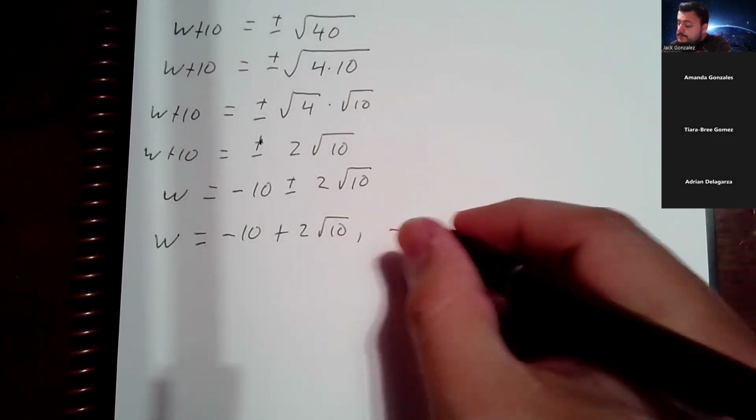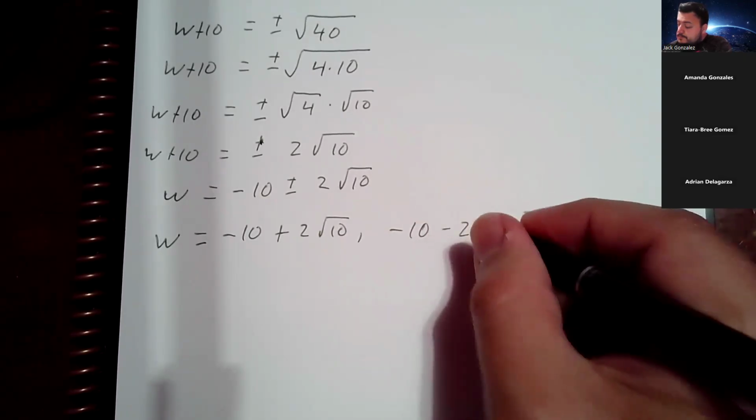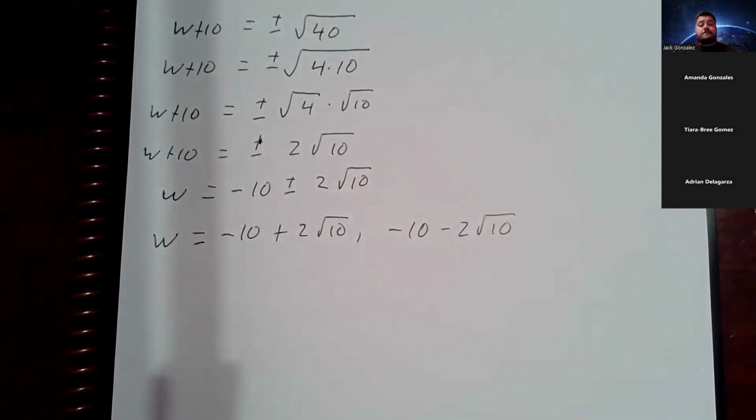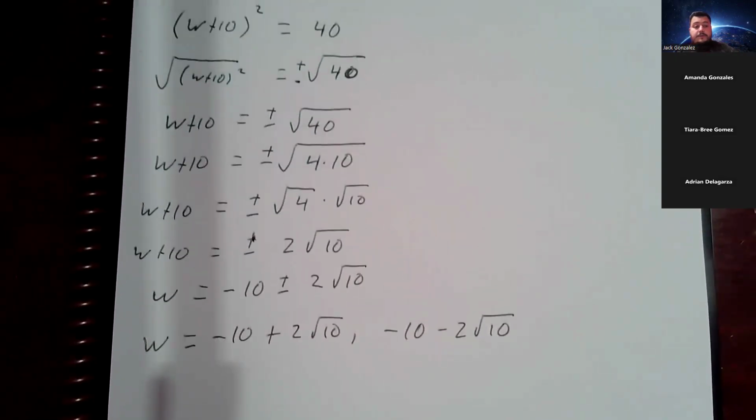Two solutions. So you would type these two, maybe with a comma, or maybe it has two boxes on it. Any questions on 7? Is that okay?